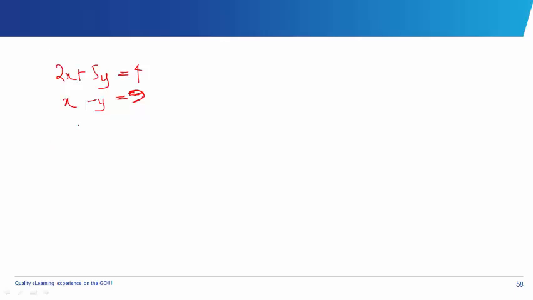Okay, so from my own example, I hope you are solving your own. From this, I have that x minus 9, if I take this to this side, will be equal to y. Okay, so we'll go back to equation 1. 2x plus 5 multiplying x minus 9 equals 4.